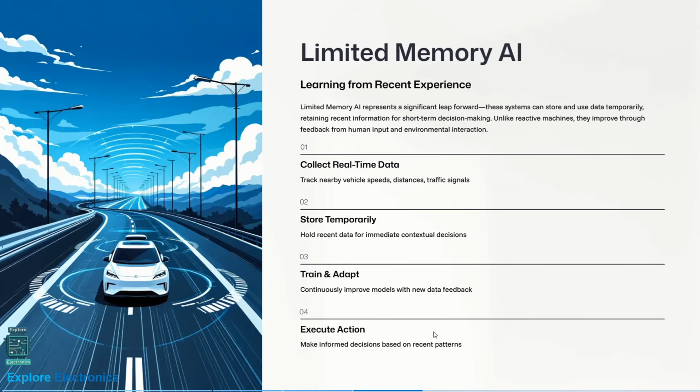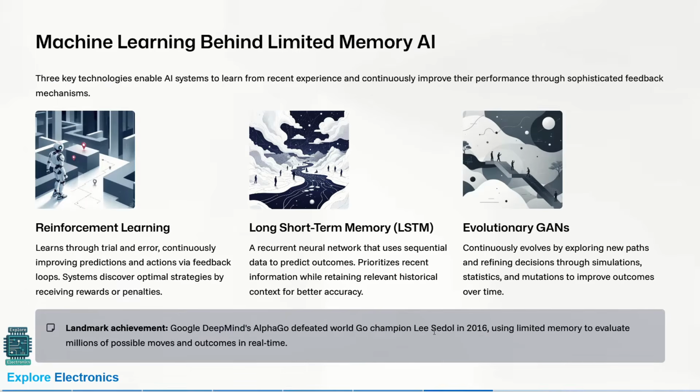This is limited memory AI, where it can store recent data. Then comes machine learning behind limited memory AI. Here, the key technologies enable AI systems to learn from recent experiences and continuously improve their performance through sophisticated feedback mechanisms.